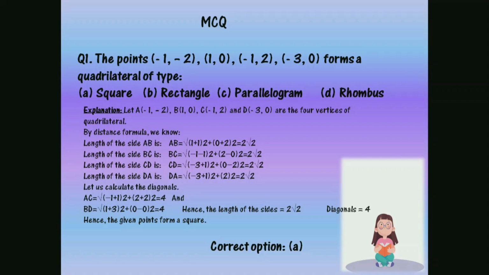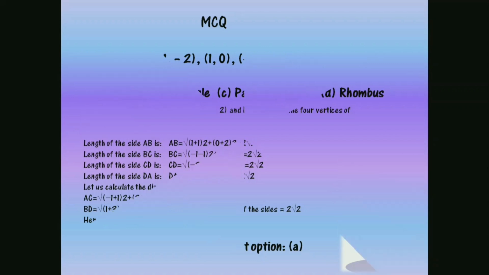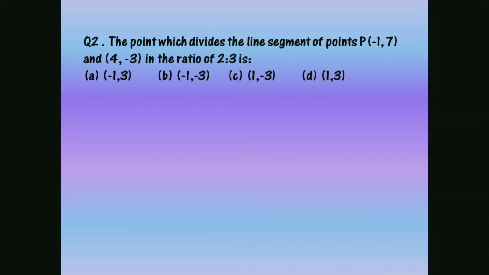Next, moving to the next question. Question number 2. The point which divides the line segment joining the points P(-1, 7) and Q(4, -3) in the ratio 2:3 is. So you have to find the coordinates. The question is based on division, that means we have to use the section formula.